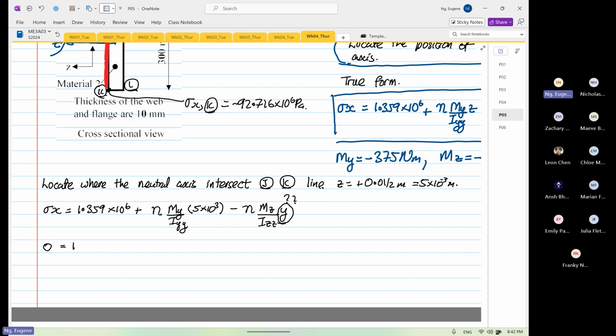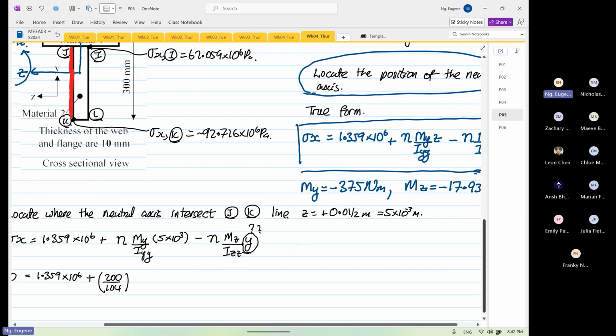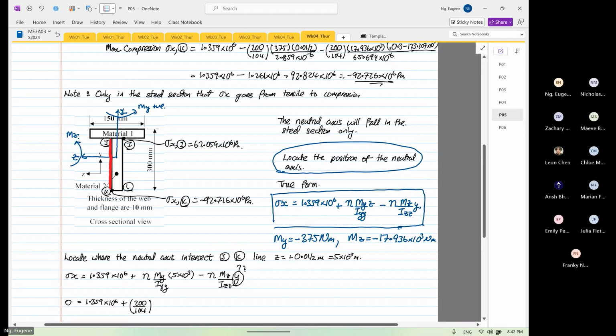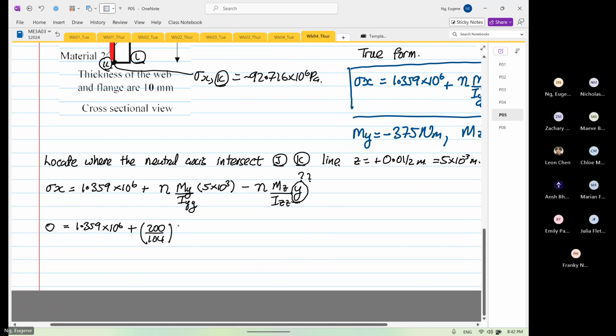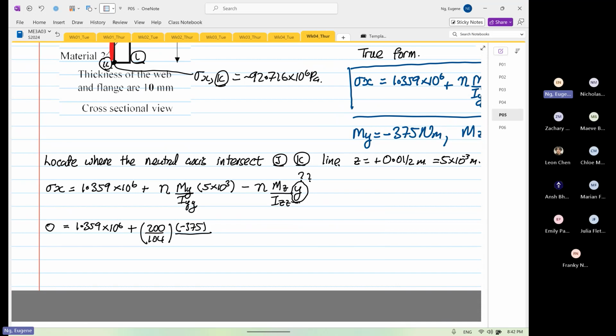So we know stress X has to be equal to 0, right? So this is equal to 1.359 times 10 to the power 6 plus, everything we focus on is on the steel. Moment about Y, we know moment about Y is 375, so now you have to include minus 375. Divide by Iyy.